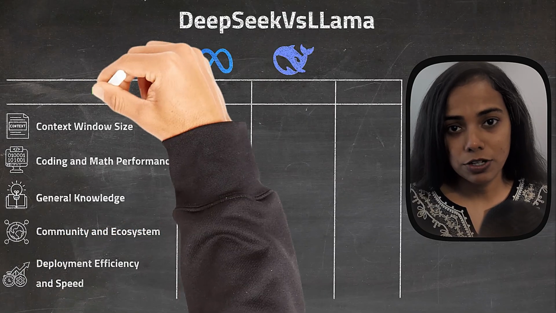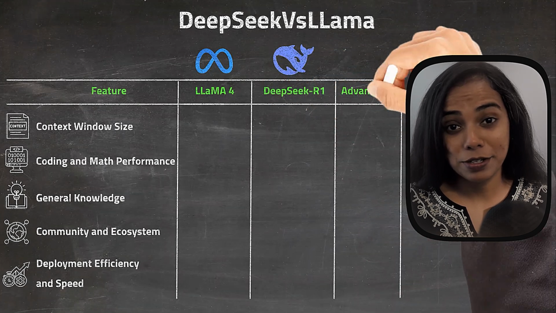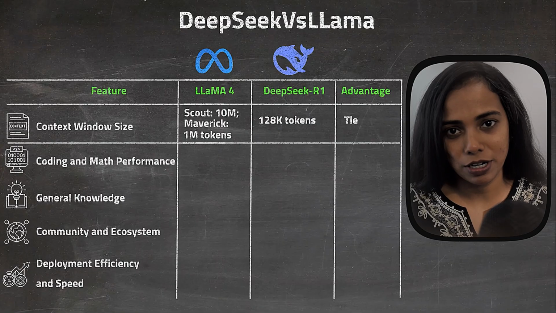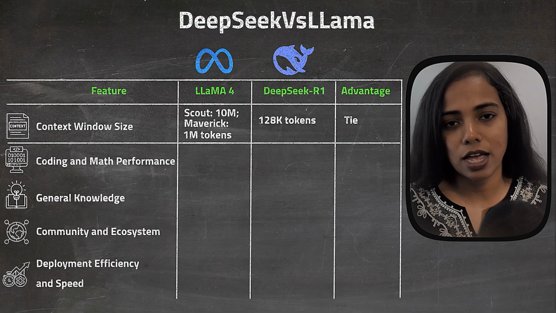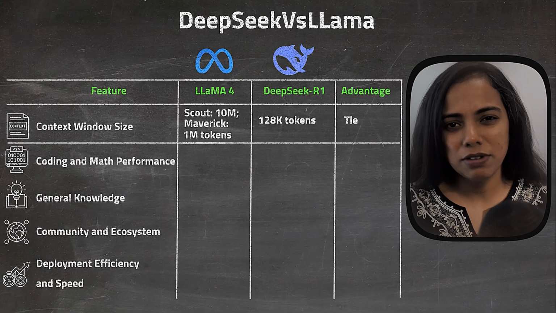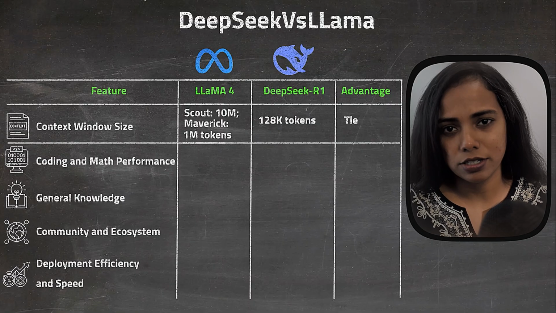Starting with context window size, LLaMA 4's Scout variant supports an impressive 10 million tokens, while Maverick handles about 1 million tokens. DeepSeek R1, however, offers a highly practical and optimized version of 128,000 tokens, which is ideal for typical long documents, making this category effectively a tie, as LLaMA excels in sheer scale while DeepSeek R1 shines in everyday scenarios.